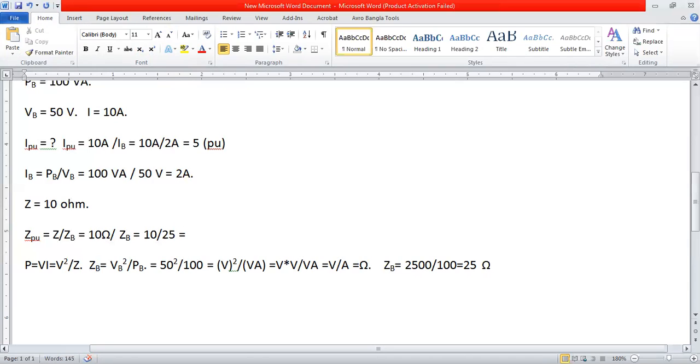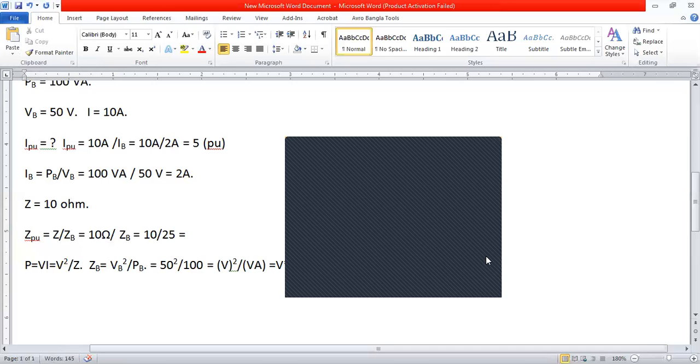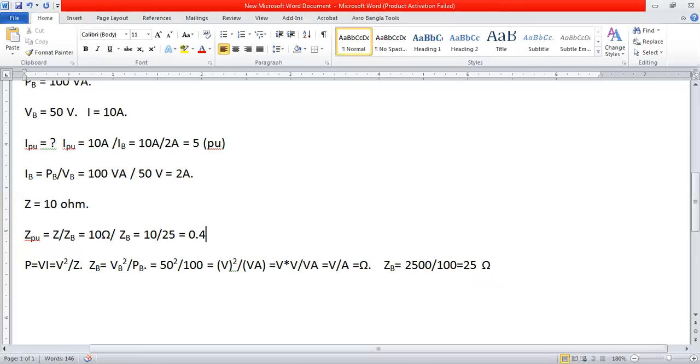Then the answer should be 0.4 per unit. So this is the complete solution of this math. That is, the per unit value of impedance should be 0.4 per unit.